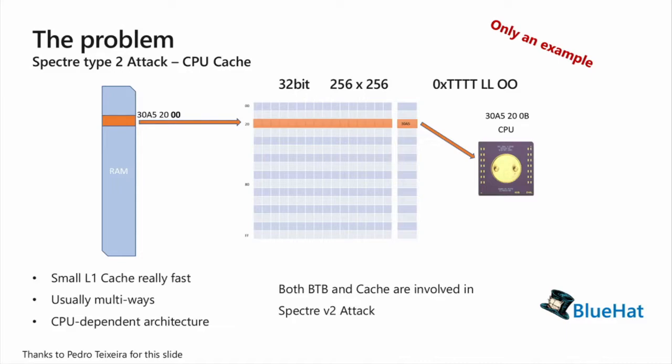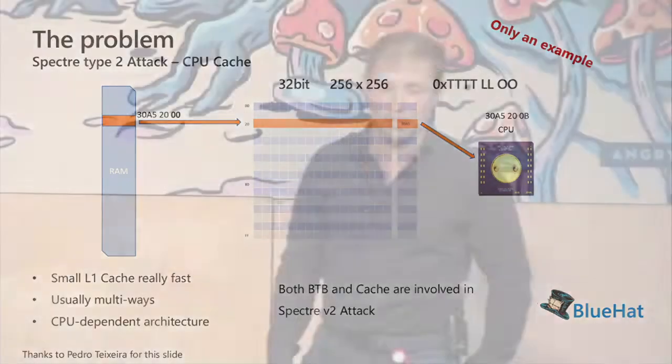In this way, the CPU can store the data in a particular line and offset of the cache. In this case, for example, the line is 0x20 and the offset is 0, and it uses the first 16 bits as a tag. So the CPU stores this tag. In that way, if there is a cache collision, it can know that because the tag is different.